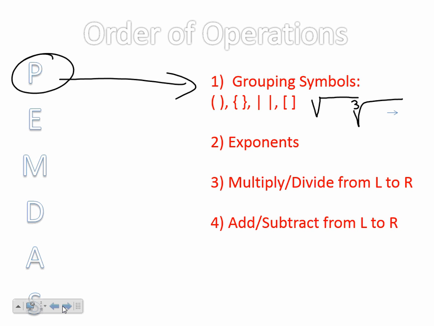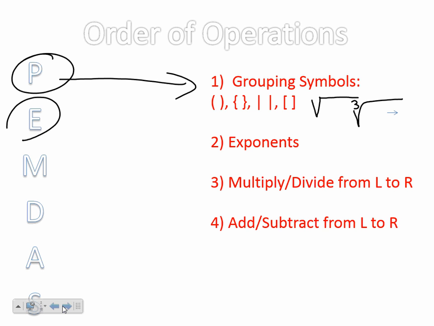Anybody know what those are? Those are radicals. These, when there's no number, it's understood to be a square root. Otherwise, if it has a number with it, this is called a cube root. Does that make sense? Okay, so any type of symbol that holds something underneath, I would even say the division, the house, you're going to work that first. So any type of symbol that holds numbers together, you're going to work those first.